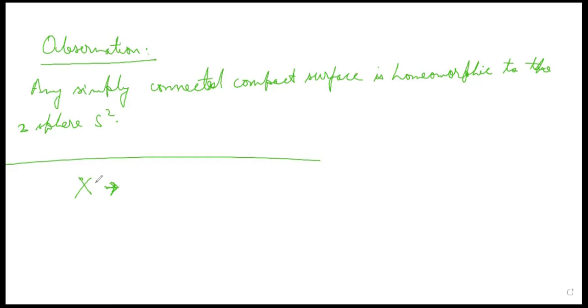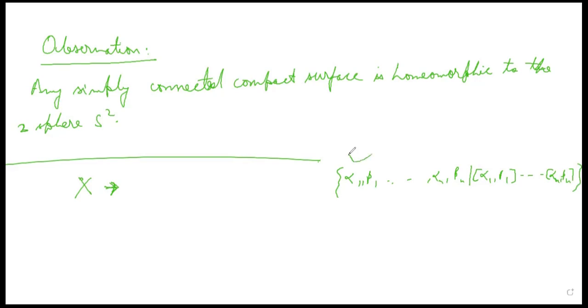a connected sum of n tori, because the fundamental group of a connected sum of n tori is given by this: alpha 1, beta 1, and so on, alpha n, beta n, with the relation alpha 1 beta 1 and so on, alpha n beta n.